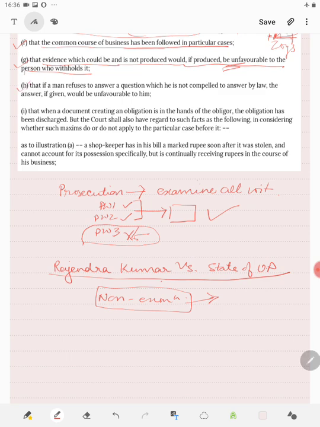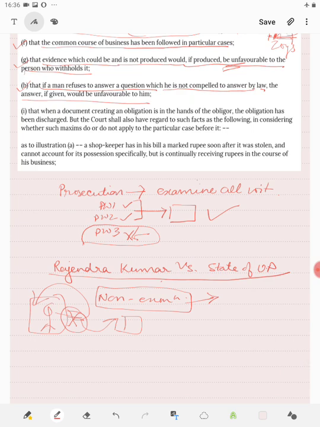Then H, that if a man refuses to answer a question which he is not compelled to answer by law, the answer, if given, would be unfavorable to him. So, if a person is asked a particular question in a judicial proceeding and he declines to answer it, then it can be presumed that the answer would be against his interest, and therefore he is not saying it.